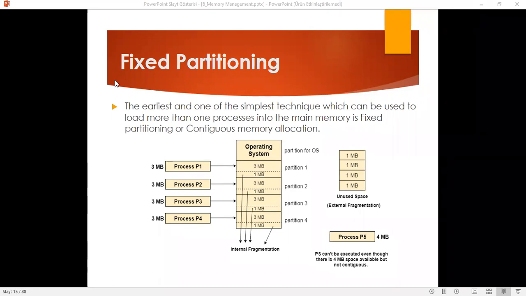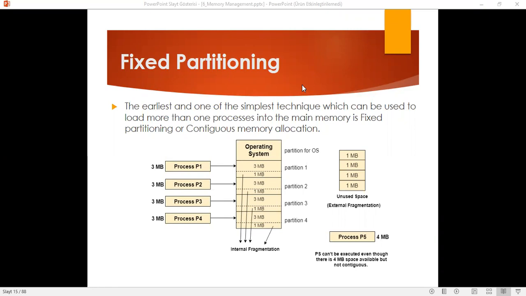One of them is fixed partitioning. It was the earliest and the simplest technique that we can use to load more than one process into the main memory. The aim is that we put more than one process, and each process should know where its border is.